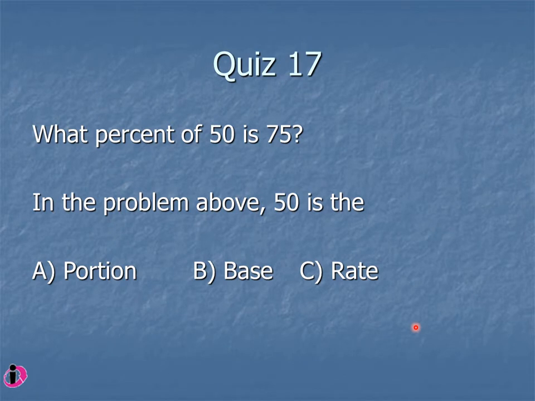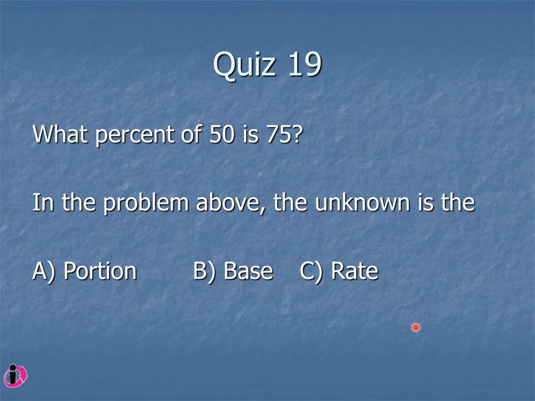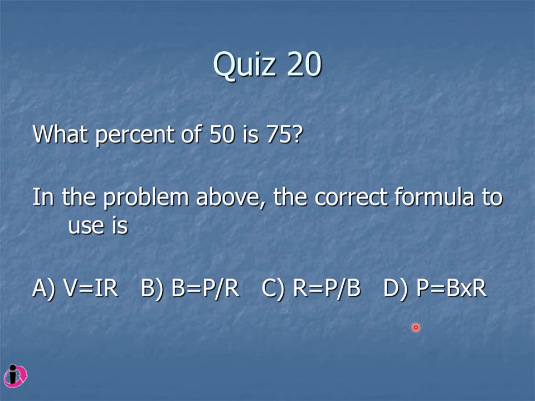So 50 is base, the right answer is B. And 75 is of course the portion, and the unknown is rate. We don't know the rate here. So we'll be applying which formula here? Of course C, this is the formula for rate.